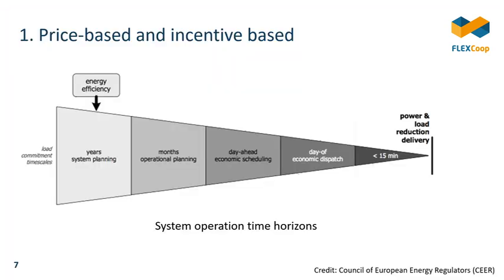This is just an overview of the time horizons in system operations. So on the left hand, you see the operations in the electric system in terms of years. On the right hand, in terms of minutes, just before real-time delivery of electricity.